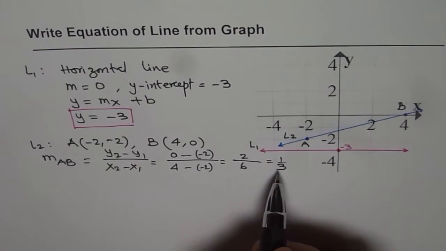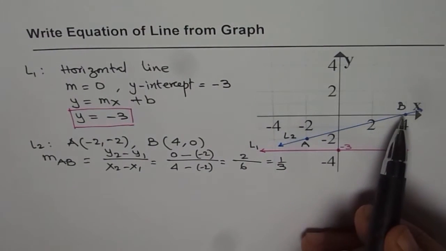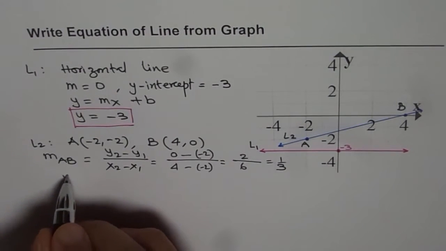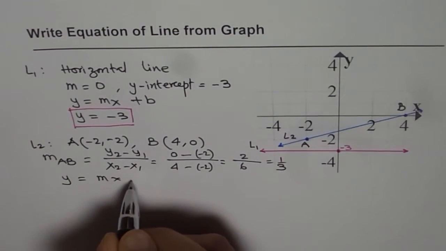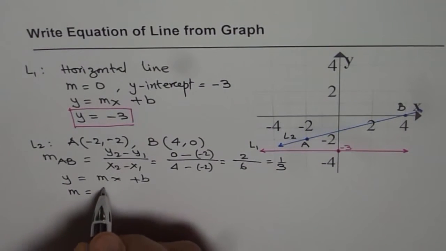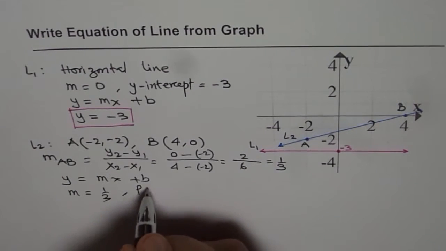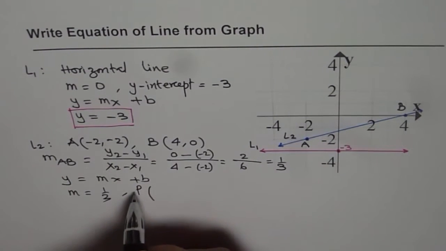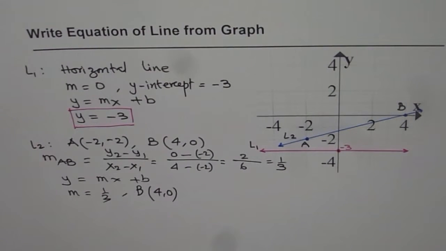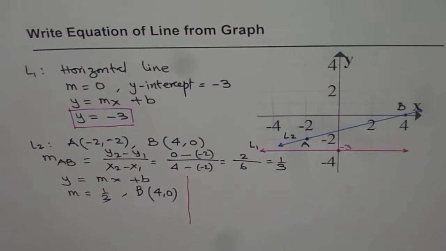Once we know the slope, we can use the equation y equals mx plus b, with any one of these points, and find the value of b. Let's do that. So y equals mx plus b. We are going to use m equals 1 over 3, and we'll use a point, let's say we use B, which is 4, 0.